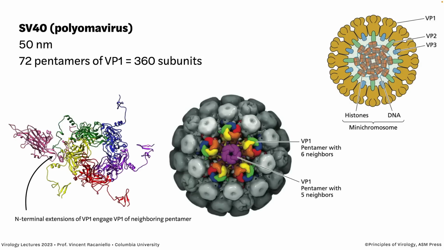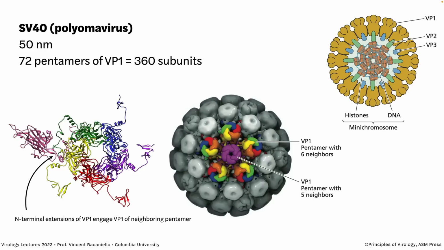You can make bigger ones. This is SV40, which we'll be talking about as well. 50 nanometer particles, 72 pentamers of VP1 gives you 360 subunits. And so here is the pentamer. It's VP1, 5 copies of VP1. And then these pentamers are arranged in 5-fold or 6-fold environments.